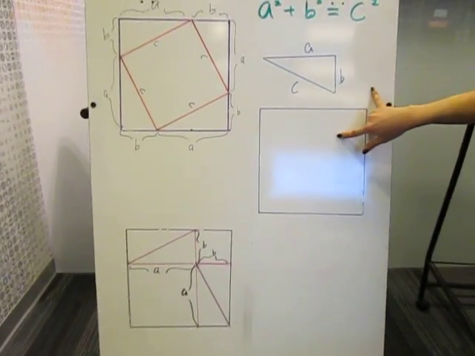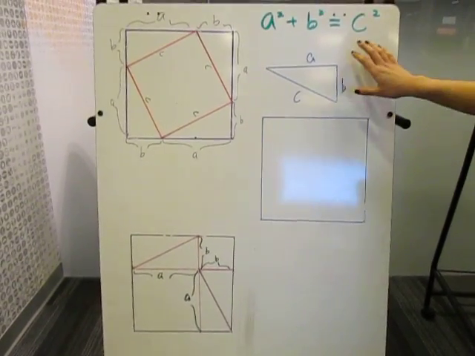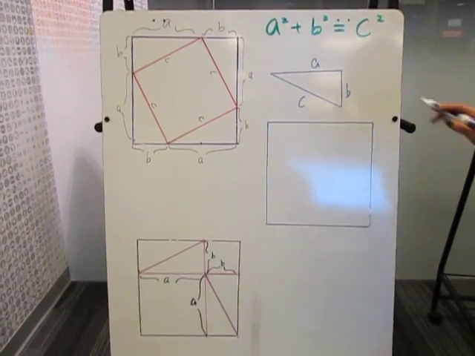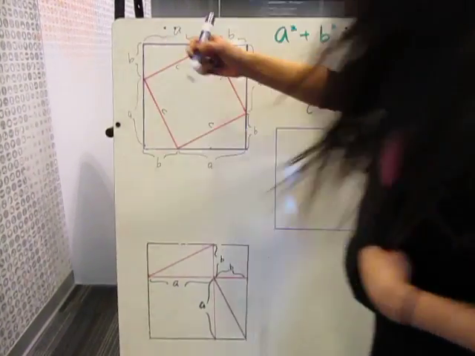So here's a square, and I'm going to be filling up this square by using 4 triangles. That's how I'm going to arrange my triangles.